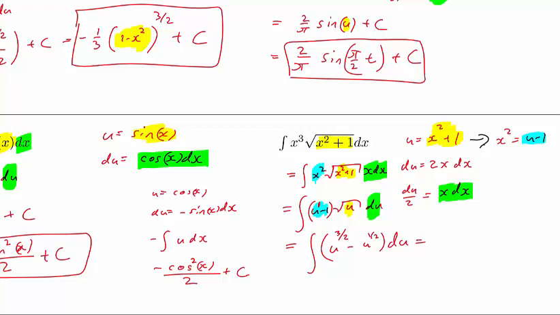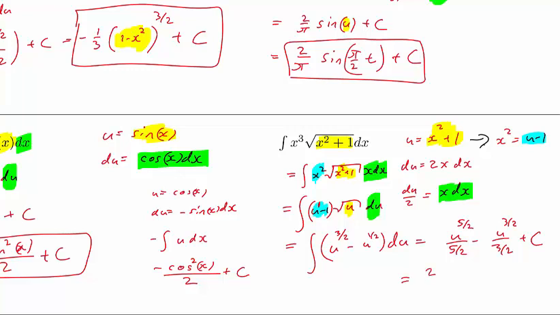Now all we have to do is take the antiderivative of both. And so 3/2 plus 1 is going to be 5/2. And then minus u to the 3/2 divided by 3/2. And this will all be plus some arbitrary constant.